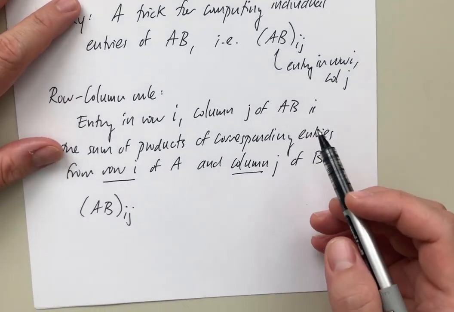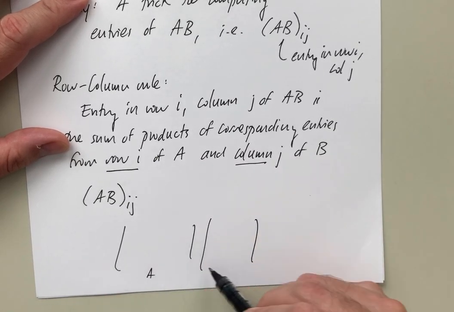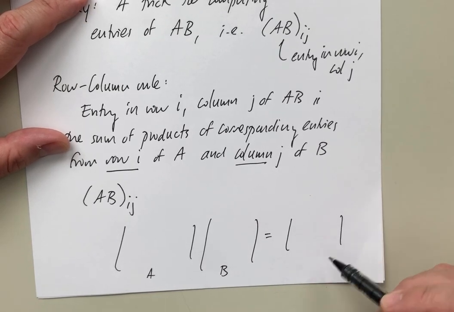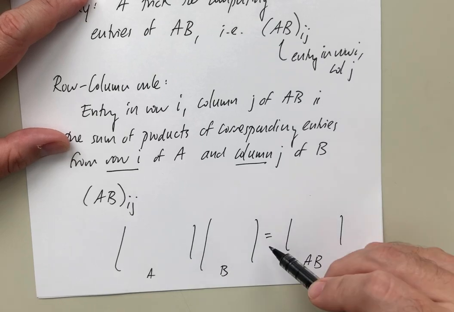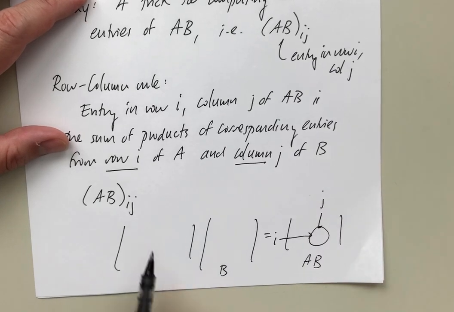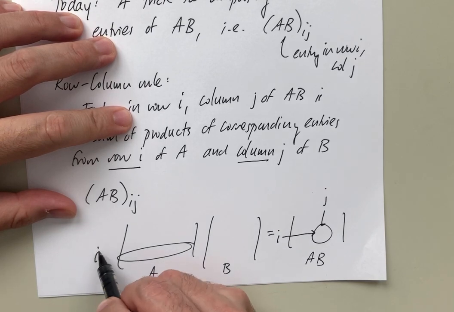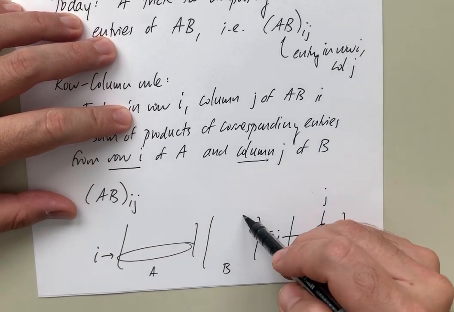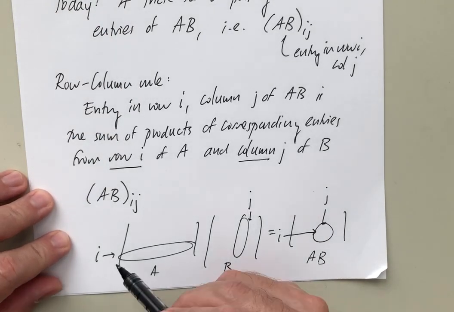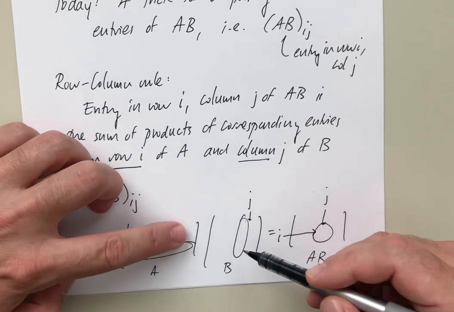So let me write this out in symbols, and let me draw a cartoon that might help a little bit. Here's A times B, and it equals a matrix, this is AB. If I want to know the entry in, say, row i, column j of the resulting product, I take row i of the matrix A and column j of the matrix B on the right-hand side, and I take the sum of the products of the corresponding entries.